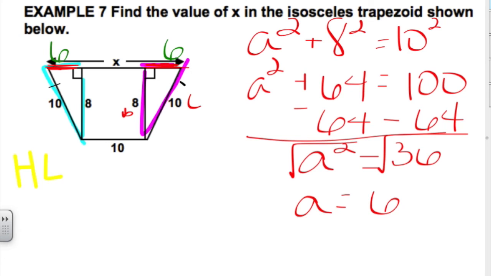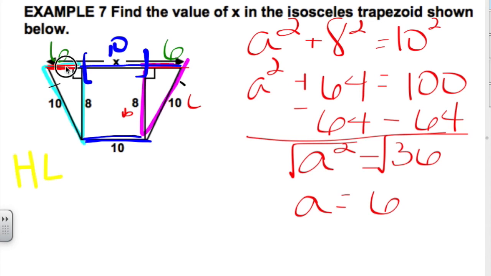So now I just need this piece in the middle to be able to solve for that entire length that's x. Well, notice I have a rectangle in the middle where this base here is 10, so that must mean this piece is 10.